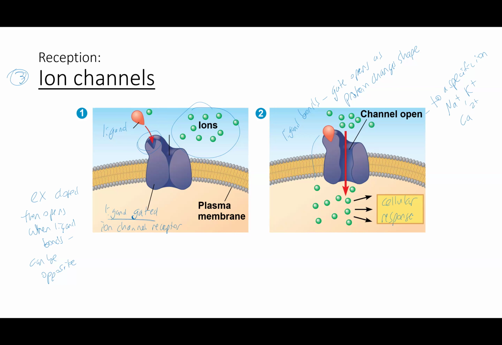Or stop entering the cell, depending on which kind of channel we're talking about. Then after this, there's not really a picture of this, but if the ligand dissociates, so it unbinds, so when it's no longer connected to that protein, then the channel is going to go back to the way it was. Or it's going to open, depending on which kind it was.